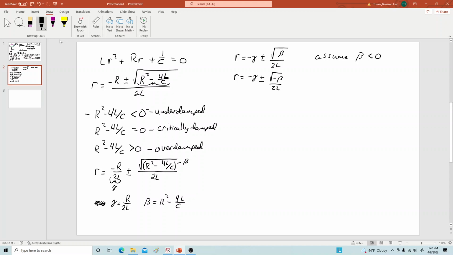This is the same thing as negative gamma plus or minus the square root of negative 1 times the square root of beta over 2L. And the square root of negative 1 is i. So r is equal to negative gamma plus or minus i square root beta over 2L. Now let's define the square root of beta over 2L to be a new parameter, and let's call it mu. This is really just cleaning up notation.